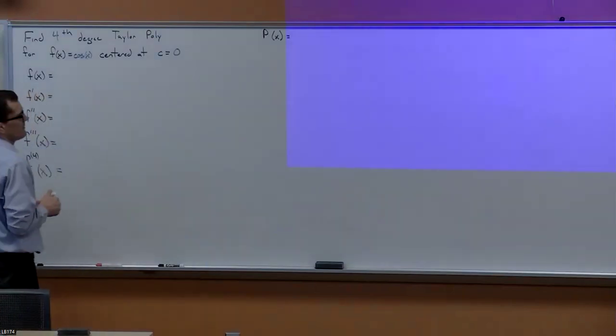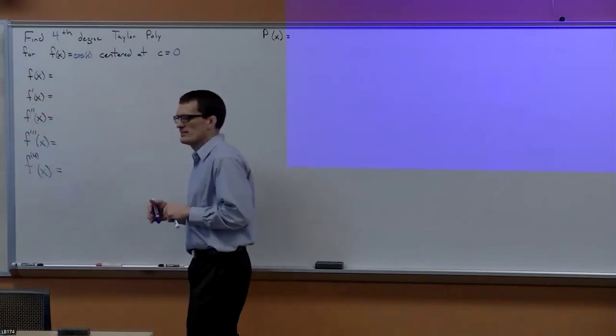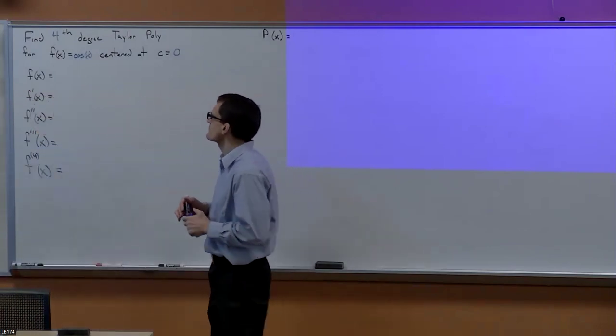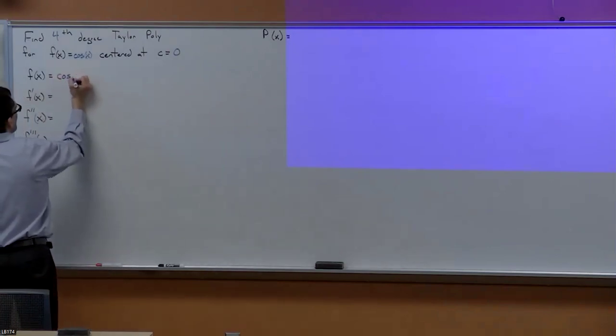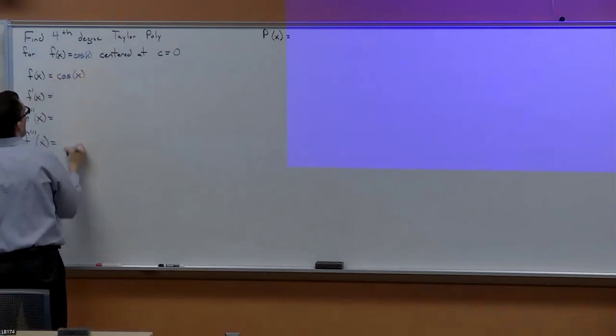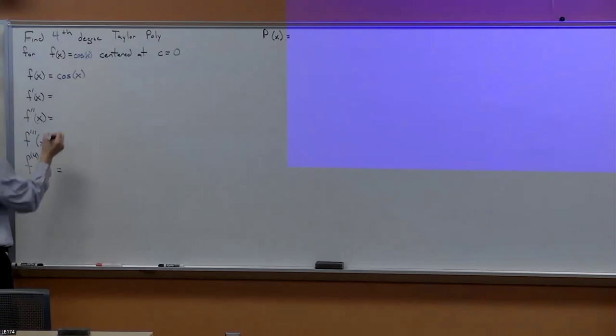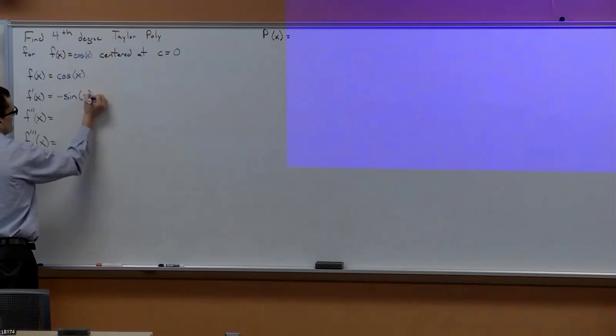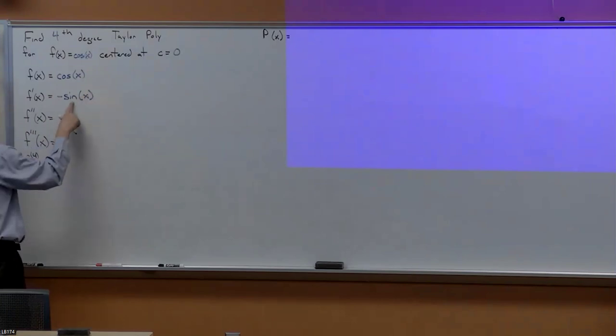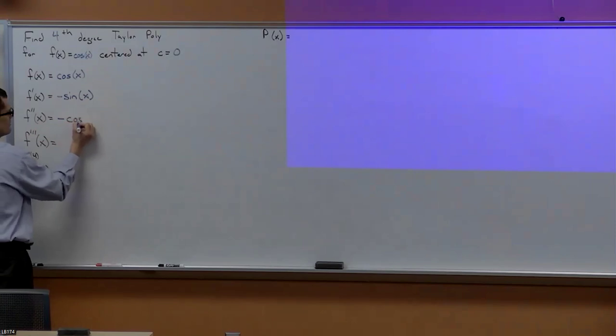All right, so let me go through this. Hopefully you got at least a little bit of it. So we're talking about cosine of x. If I take the derivative of cosine, I get negative sine. The derivative of negative sine is negative cosine.